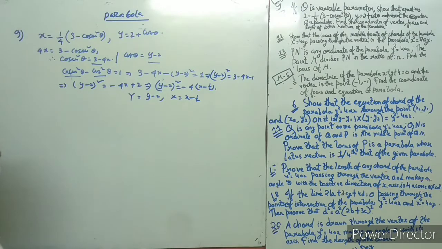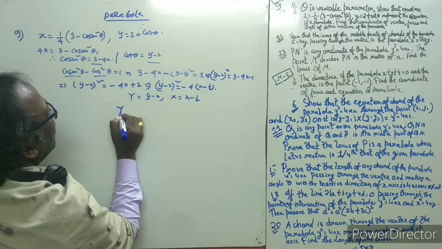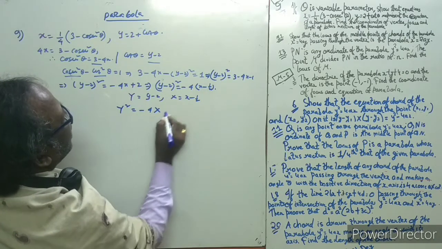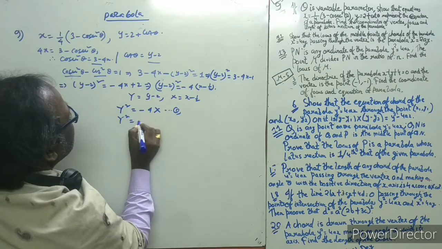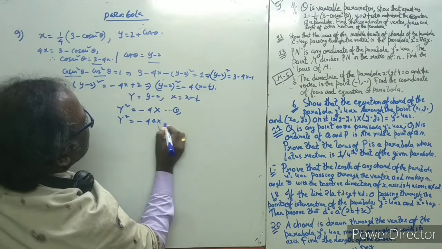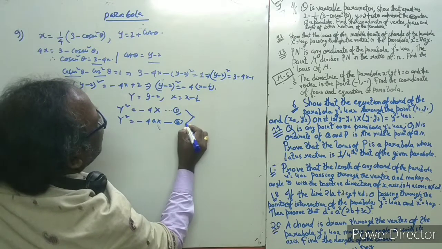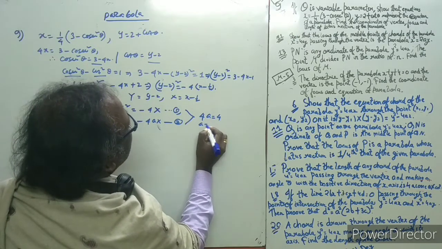So we can write capital Y square equal to minus 4 into capital X, and this is equation number 1. Compare with the curve y square is equal to minus 4ax, which is the basic drawing, you know. Comparing 1 and 2, we get 4a is equal to 4, so a is equal to 1.